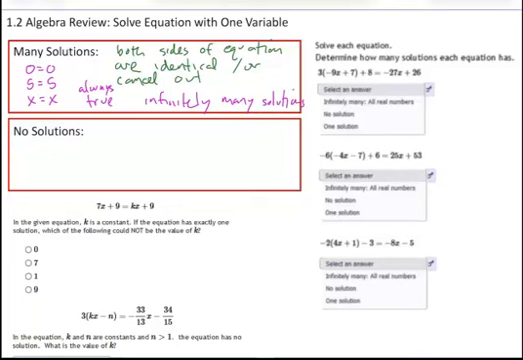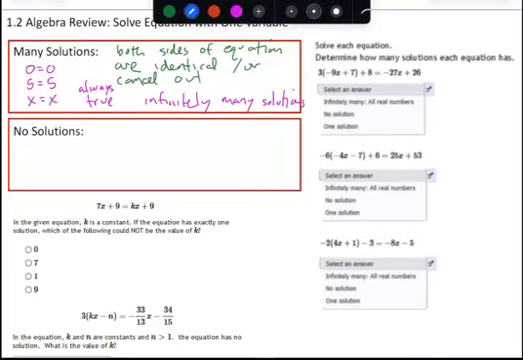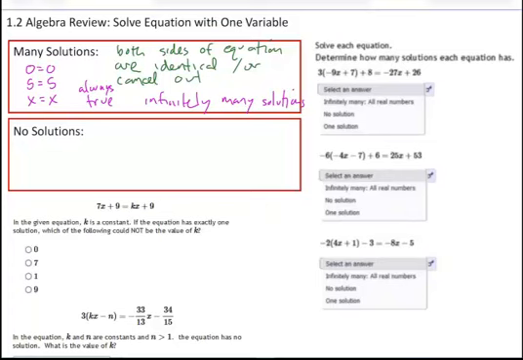Okay, so if you're trying to get infinitely many solutions or finding a value for that, what you need to do is make sure both sides are exactly equal to each other. Now, contrary to that is no solution. Here both sides give numerical values that are not the same.